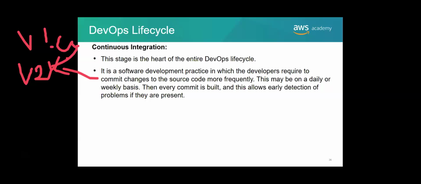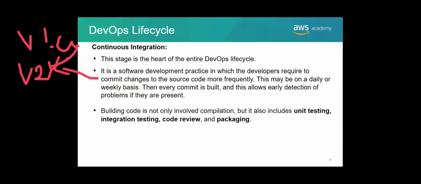This may be on a daily basis or a weekly basis. Then every commit is built, and this allows early detection of problems if they are present. Commit means when I submit it, it will automatically go to your repository, from where we can launch our applications. When you change it, it will get reflected as well.